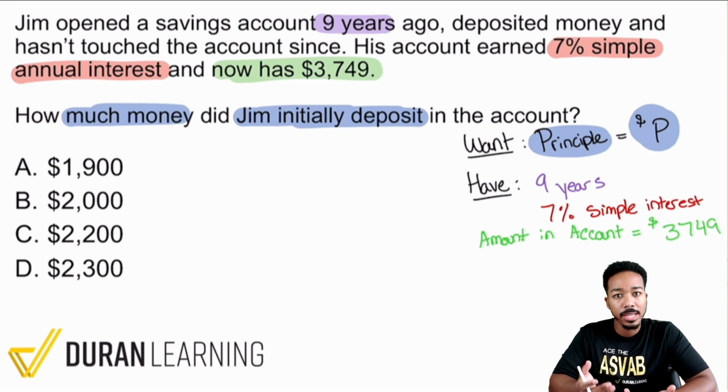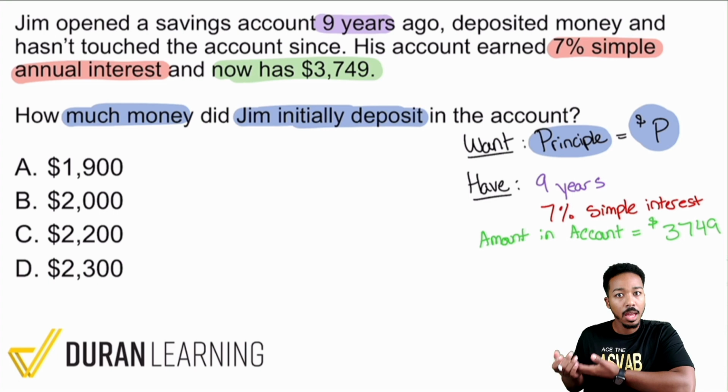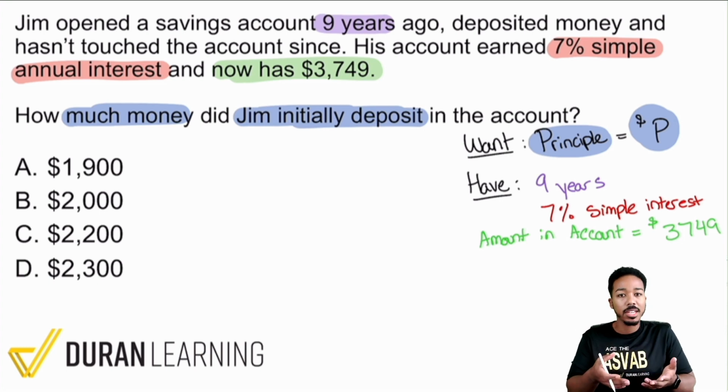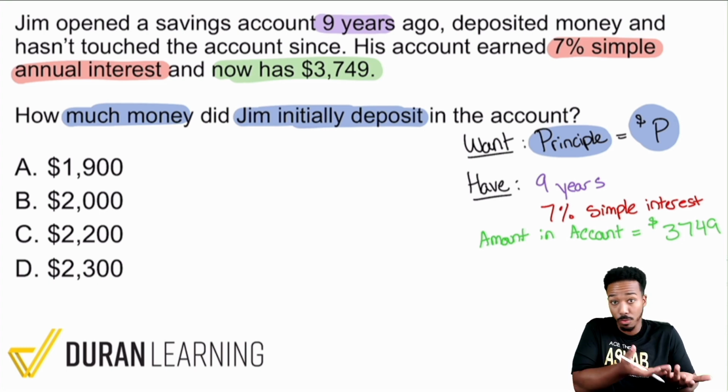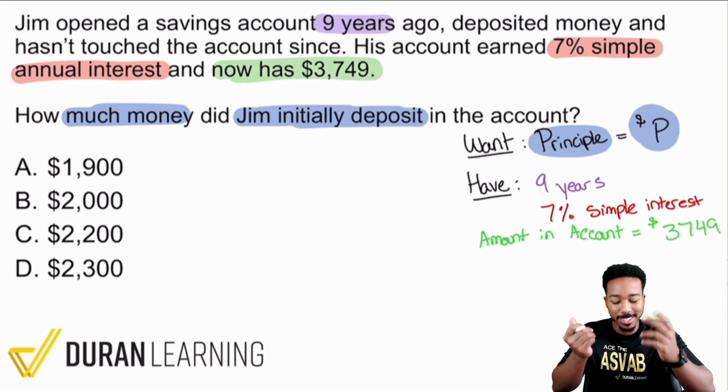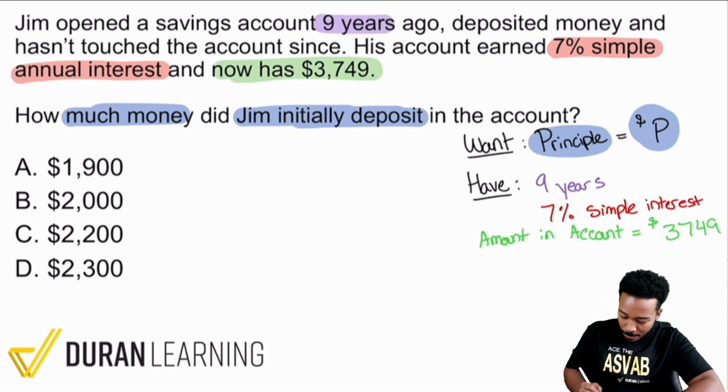Well, what that is is how much you put in initially plus the interest that you earned, right? Because if I put some money into the account, wait a couple of years, get some interest, what I see in the account after whatever amount of years is going to be what I put in initially plus all that interest, right? So keep that in mind. Let me write this down for us so that way it can be as easy to understand as possible.